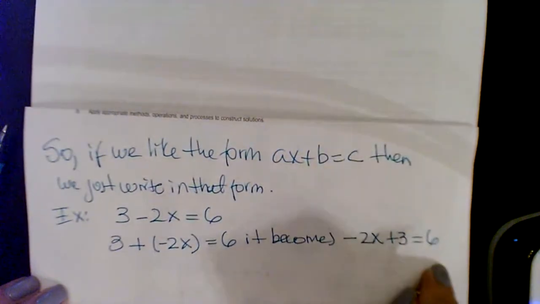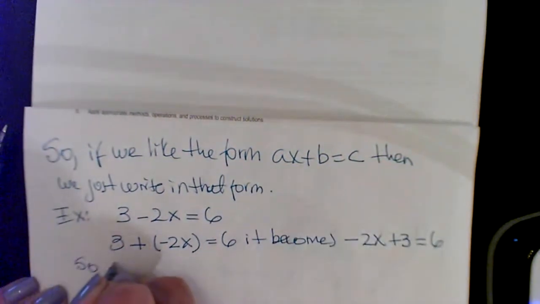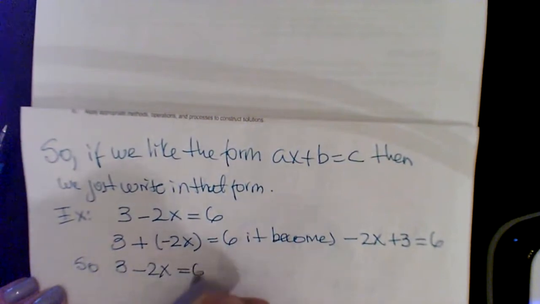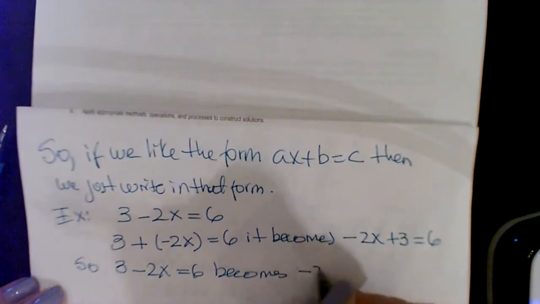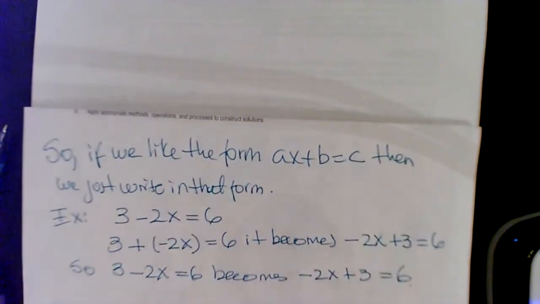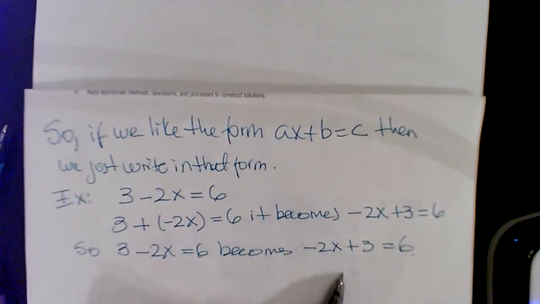Ax plus b equals c, right? So 3 minus 2x equals 6 becomes negative 2x plus 3 equals 6, okay? So this one becomes this one.